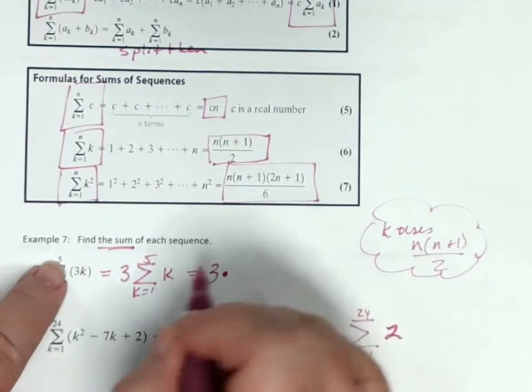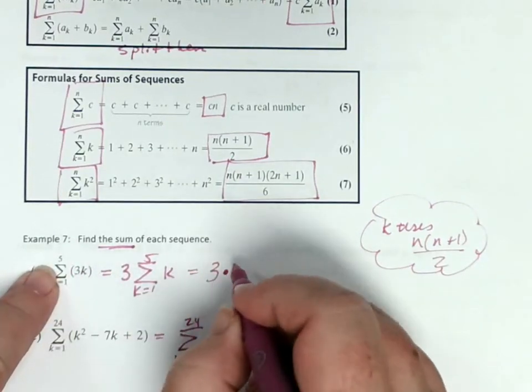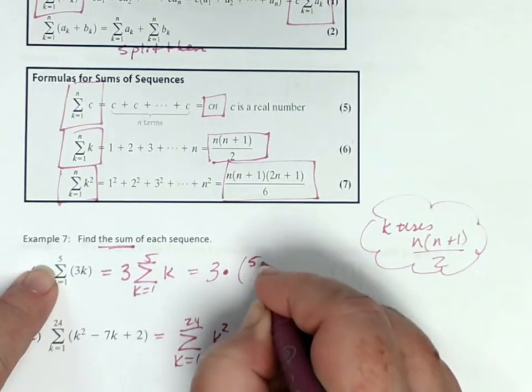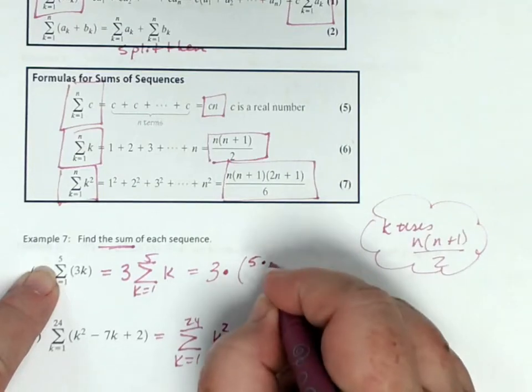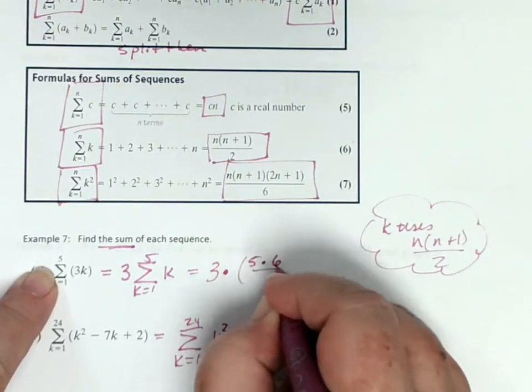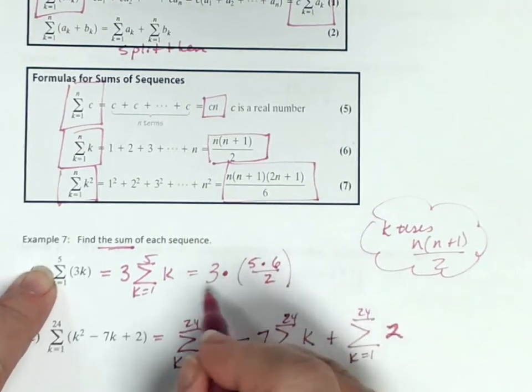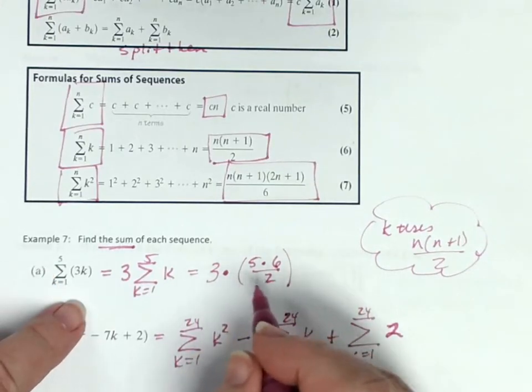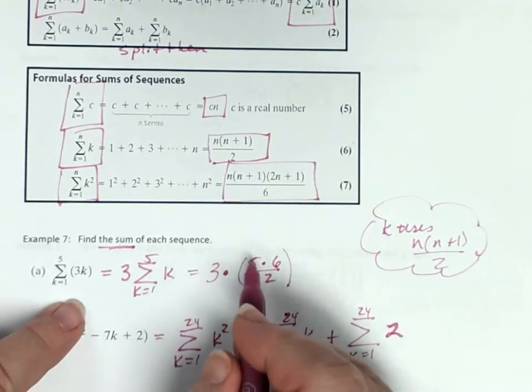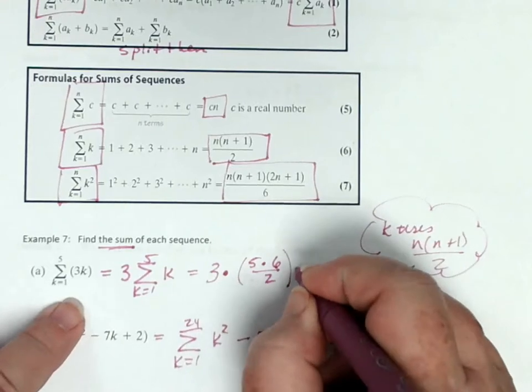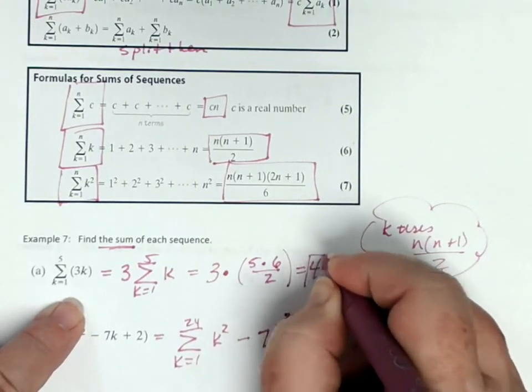And in this problem, my n was 5. So that's going to be 5 times 5 plus 1, which is 6, over 2. We put that in a calculator. There's no need to do this by hand. We just do 3 times 5 times 6 divided by 2, and we find that that is 45.